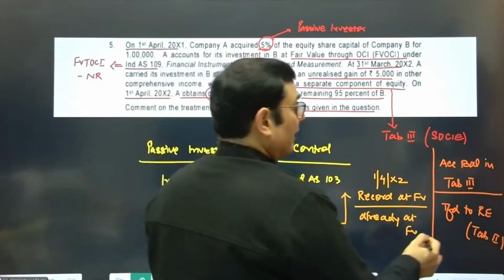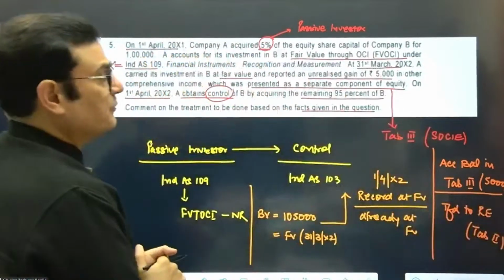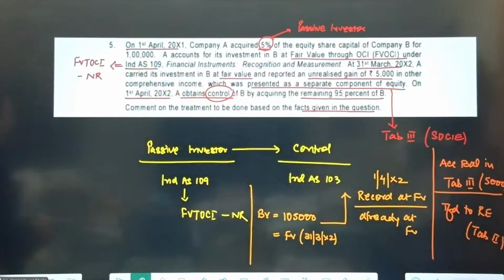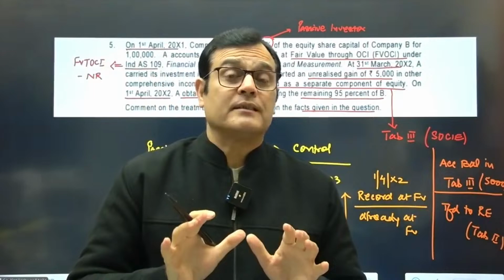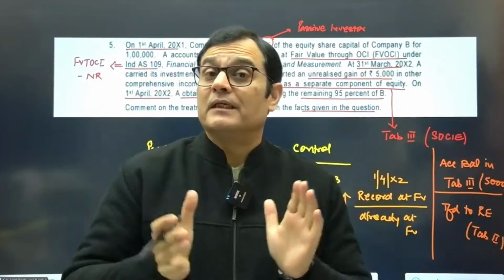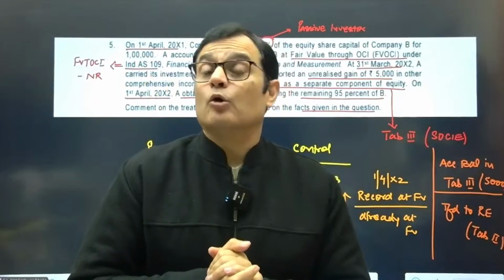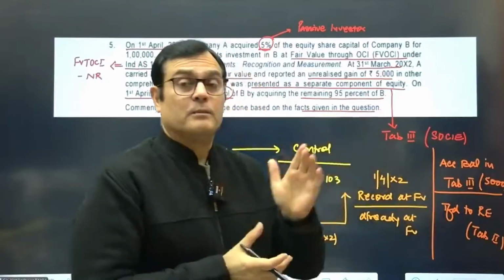So this accumulated balance in tab 3, which is 5,000 rupees, is going to be transferred to tab number 2. That's it. Simple and straight indeed. So I don't think there is any complication in this case. We just need to remember gain or loss is to be taken in the P&L if it is FVTPL, OCI if it is FVTOCI, and in OCI the only other thing is the accumulated balance.